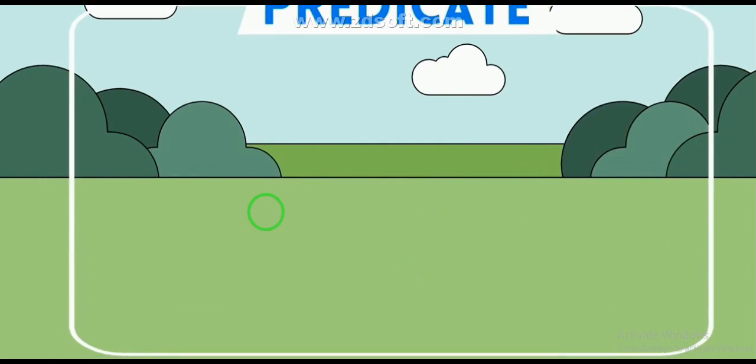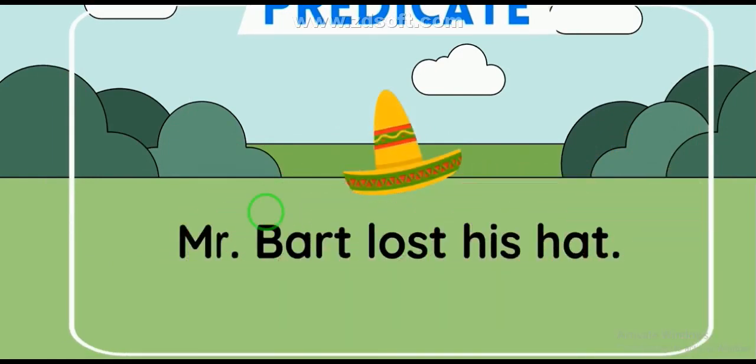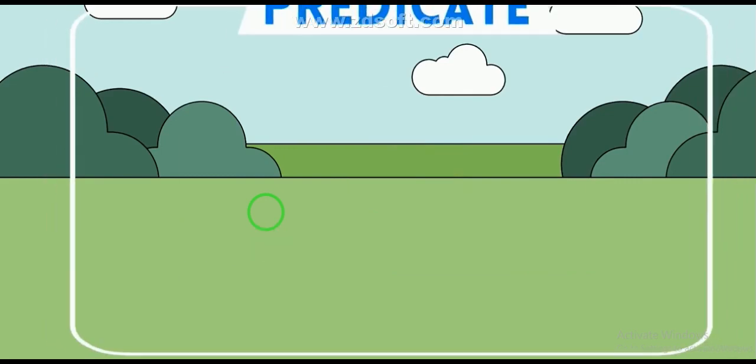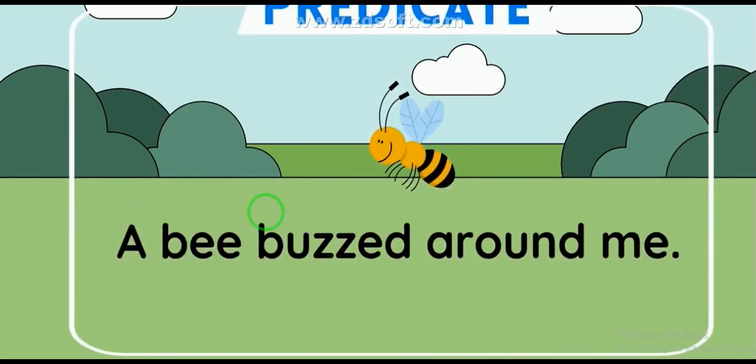Let's take a look at this sentence. Mr. Bart lost his hat. Which part shows what Mr. Bart did? What did he do? He lost his hat. Lost his hat is the predicate of this sentence. Can you guess what the predicate is in the next sentence? A bee buzzed around me.